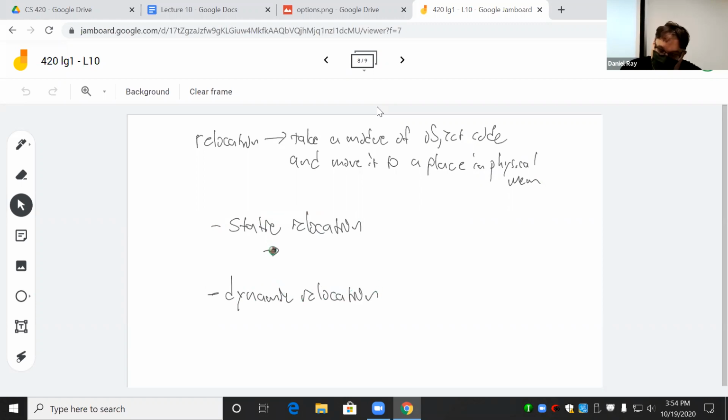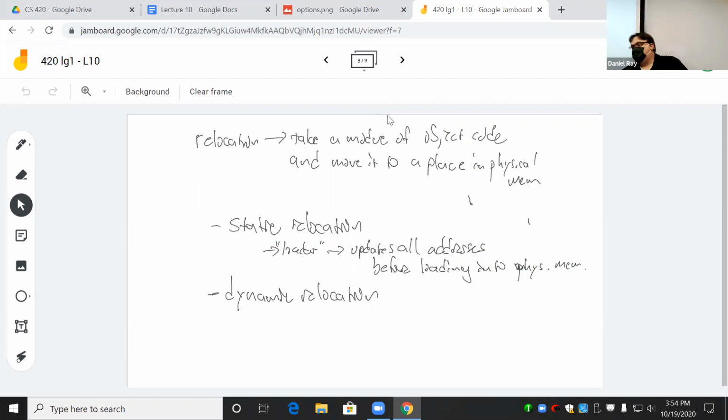Static relocation is handled by a part of the operating system called the loader. The loader goes through and updates all addresses before loading into physical memory.